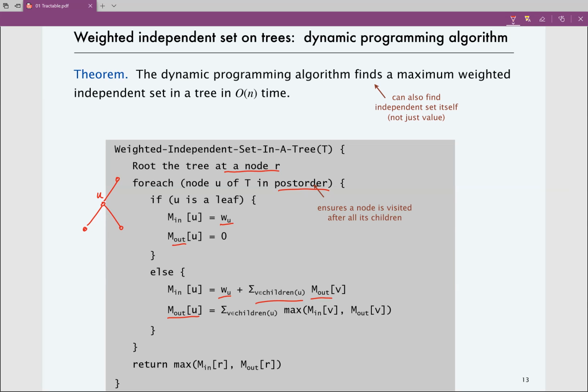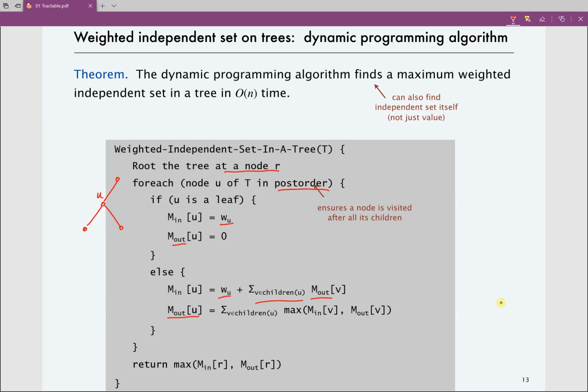Also, this algorithm only tells you what the final value is for the maximum independent set. It doesn't actually tell you what the independent set is. To determine that, we can just do backtracing. Remember, when we talked about dynamic programs, backtracing means you keep track of which decision actually led you to the optimum value.